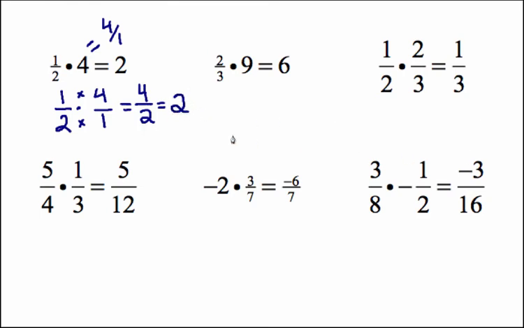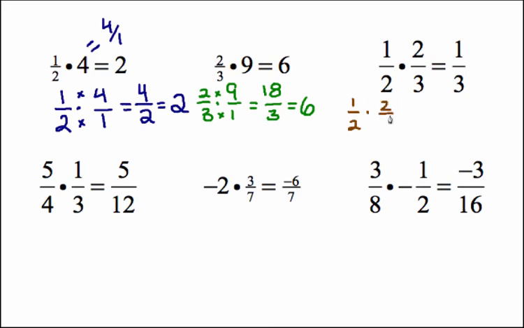In the next example, we had 2/3 times 9, which we could have written as 2/3 times 9 over 1. Multiplying the numerators together, 2 times 9 is 18. Multiplying the denominators together, 3 times 1 is 3. Well, 18/3, or 18 divided by 3, comes out to be 6.